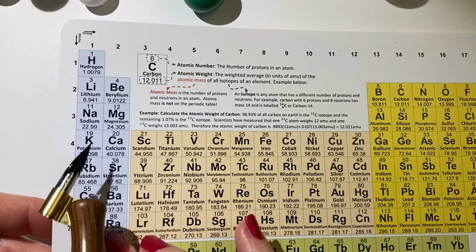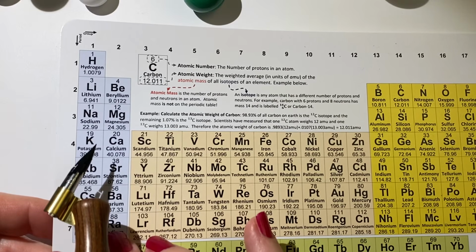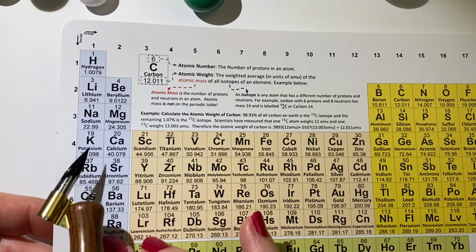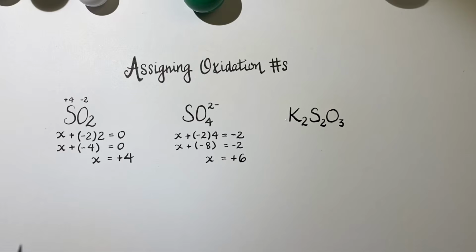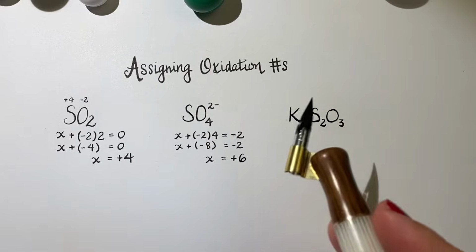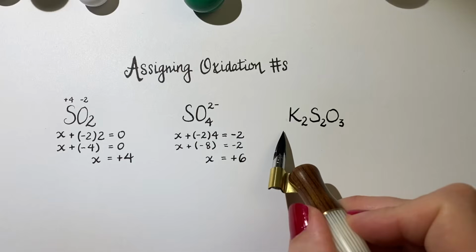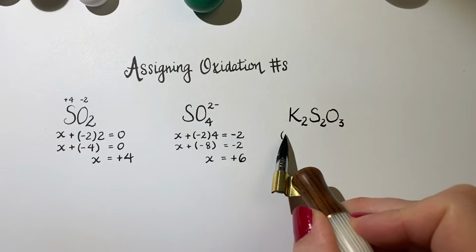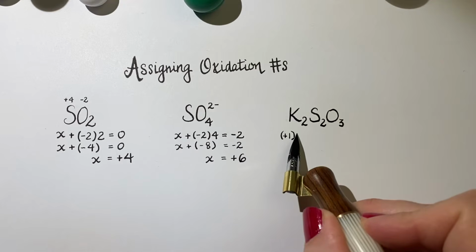So we can reliably say it will have an oxidation number of +1. It will lose that 1 valence electron. Okay. So here we can say, alright, potassium, you are +1. And there are 2 of you.